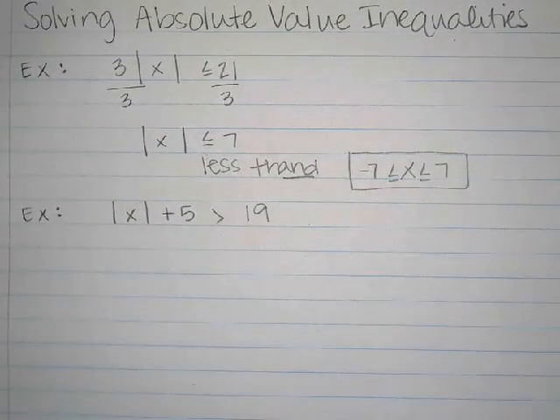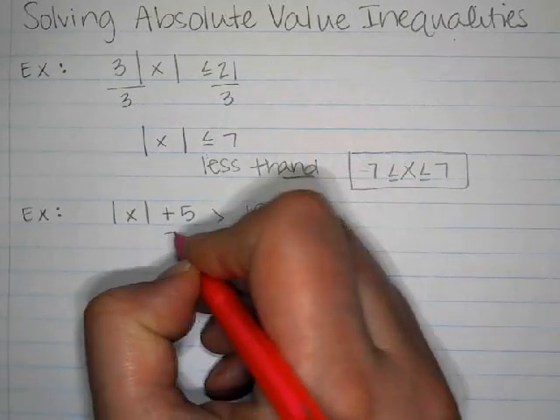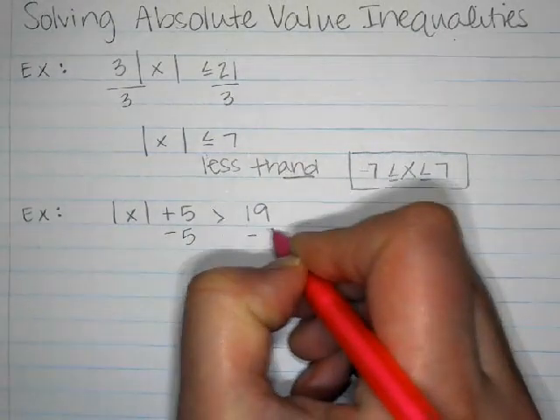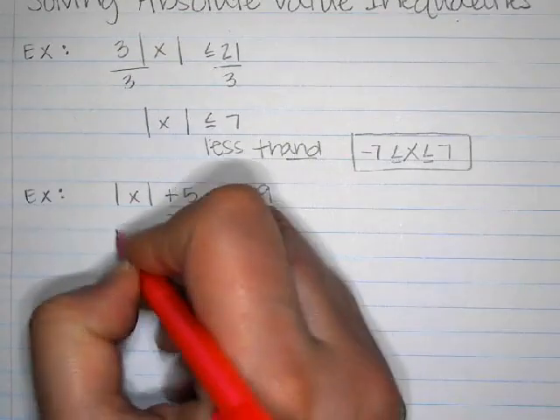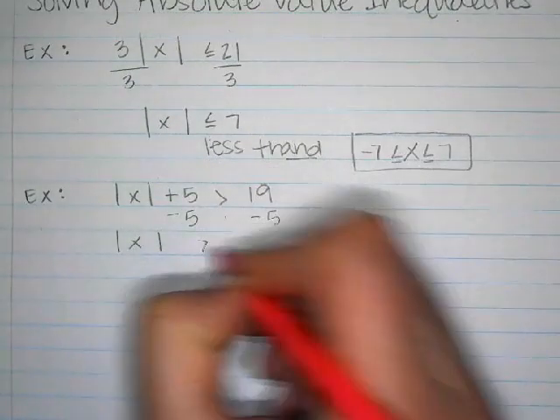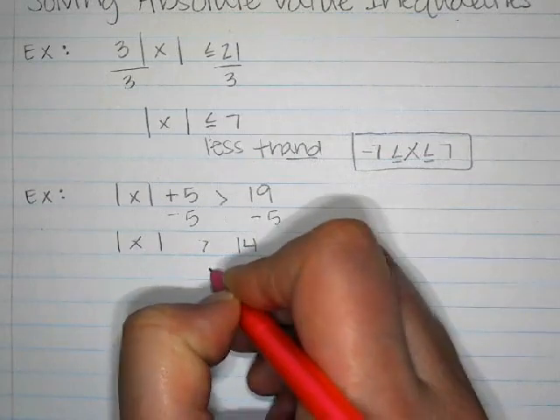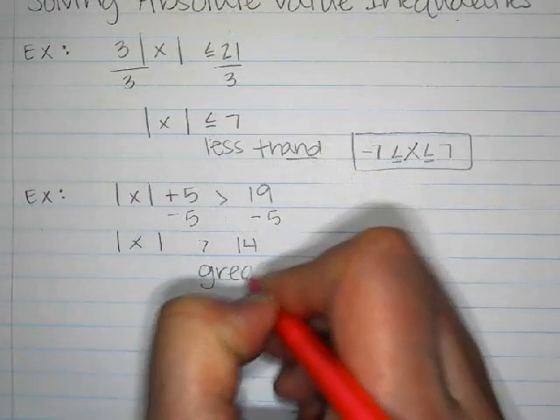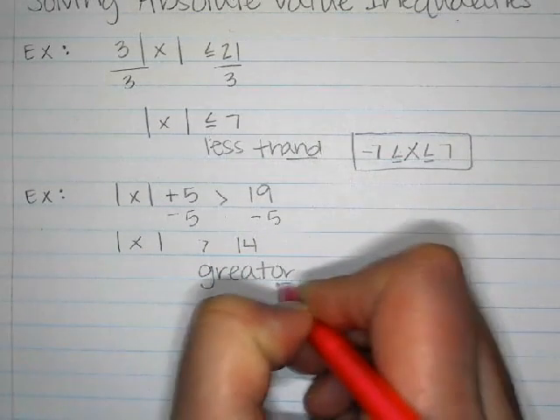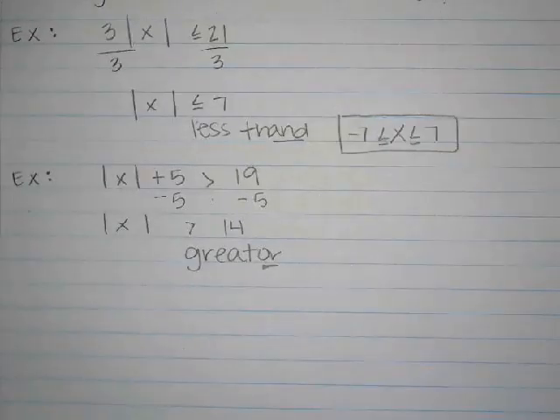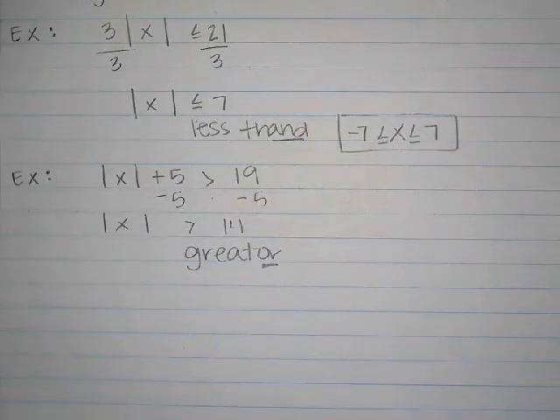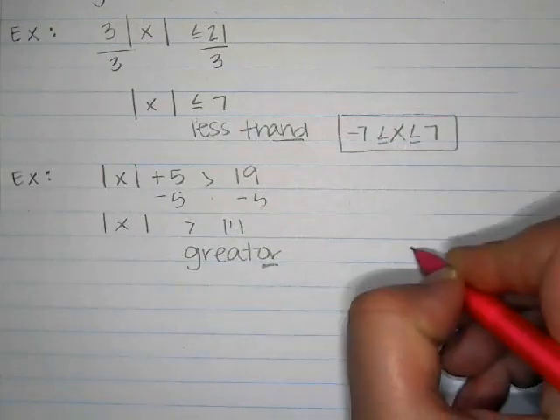All right, what do I have to do here? Subtract 5. And what kind of problem is this one? Greater. So how do I write my answer for this one? It's going to be an or.